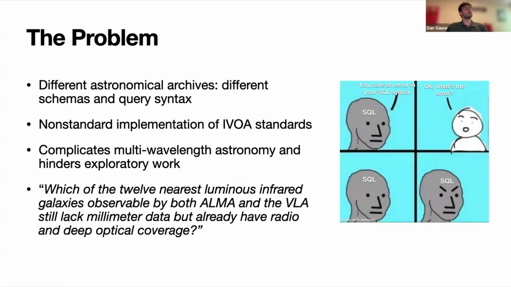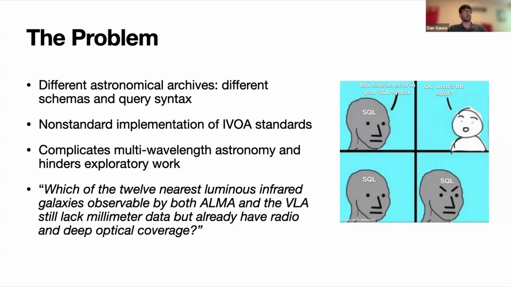So diving in, just to outline the problem at first. Among all of the various astronomical archives, many of them are built on top of a similar set of IVOA standards, but they, by and large, have different schemas and query syntaxes, and they're overall a non-standard implementation of the same set of standards, which can make knowing multiple of these archives pretty challenging.